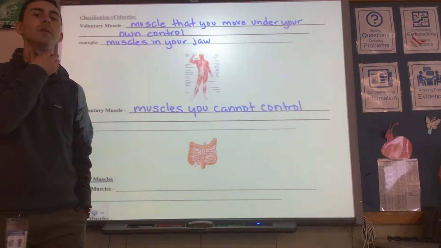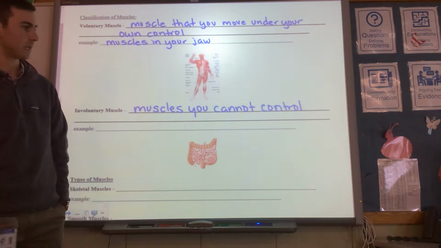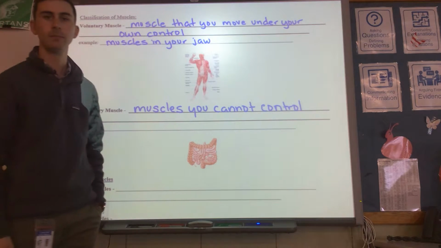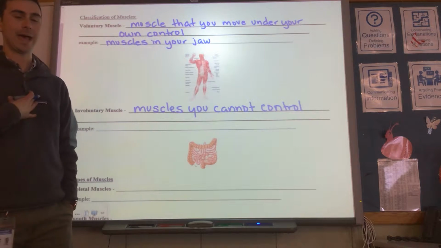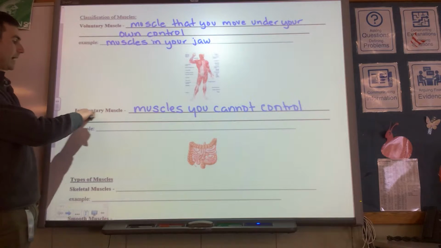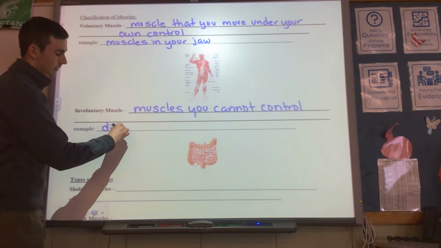When we eat food, the food goes down to our esophagus, through our stomach, and through all of our intestines, our small and large intestine. Muscles are going to push that food through that system, but we do not actively control that. That happens on its own because they are controlled by involuntary muscles. So the example would be our digestive system muscles.